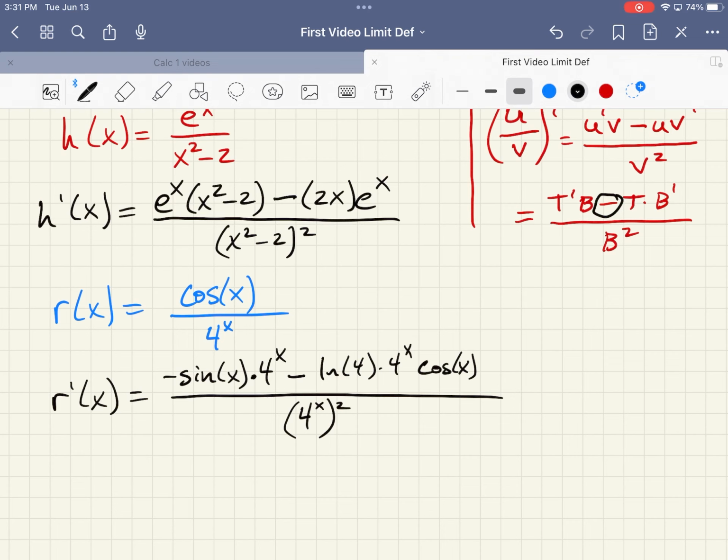Notice that there's a 4 to the x in every term here, so we could factor that out, and it would simplify somewhat. If I factor out the negative, I'd have sine of x plus the natural log of 4 times cosine of x, all over 4 to the x.